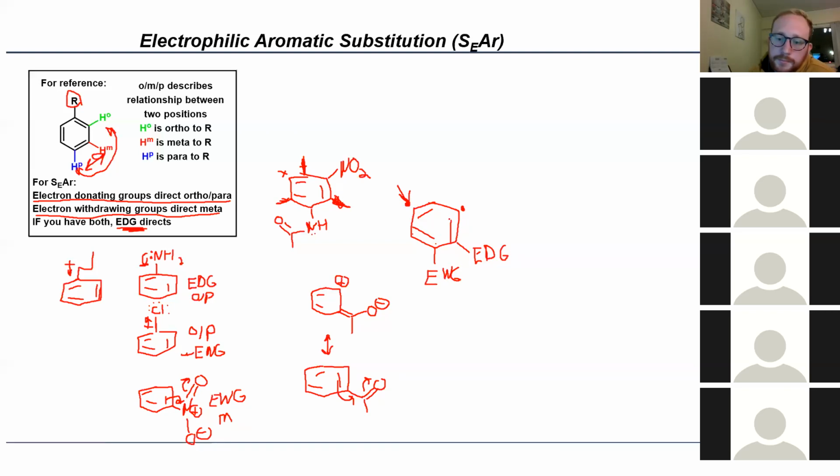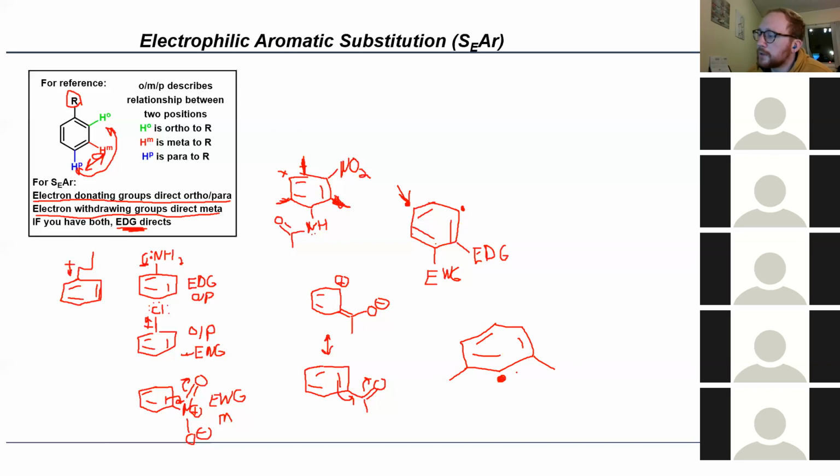Do we ever get substitution between the two groups when it is hindered? Sometimes, but it tends to require very forcing conditions. So the question was, if you have two groups here and here, would you ever see substitution at this position?